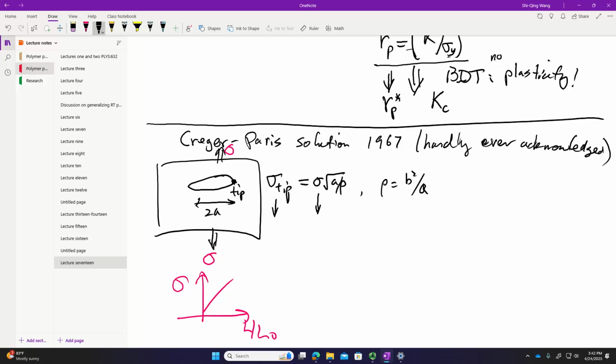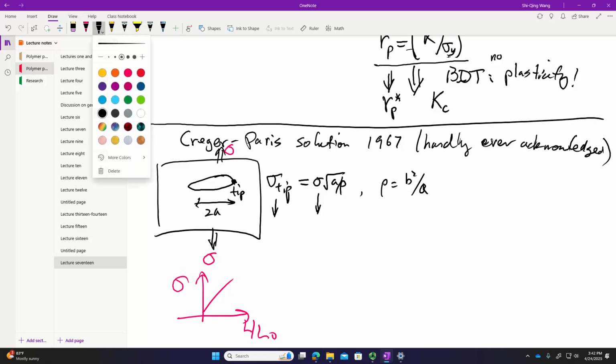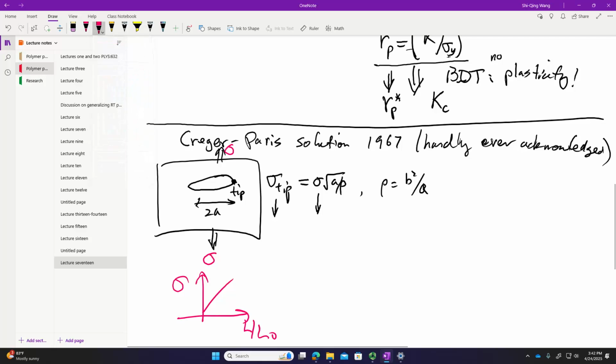Would it start at the yield point? Well, if there's no yield, it's a good point. If there's no yield, then until what point? Until the stress here reaches what? Exactly.